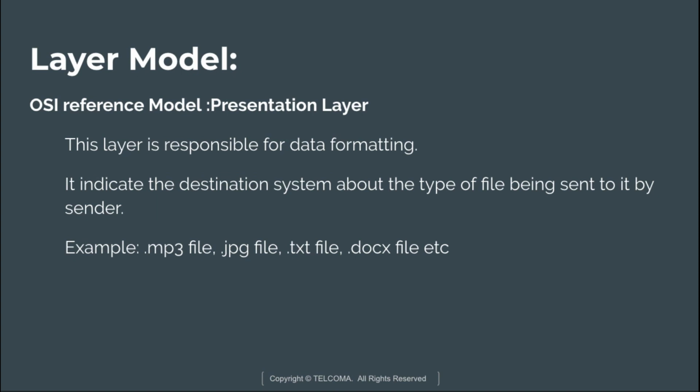Like if it is an MP3 file, then it sends the extension .mp3. If it is a JPG file, then it sends the extension .jpg. If it is a text file, then it sends .txt, and if it is a document file, then it will send .docx. So these are the representations given by the presentation layer.